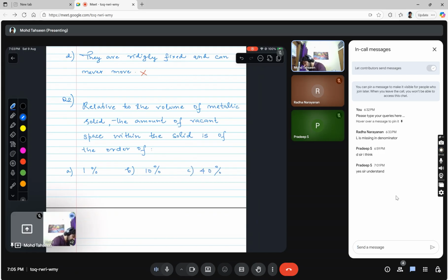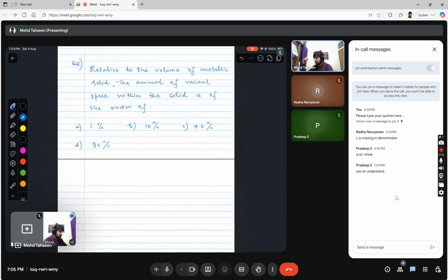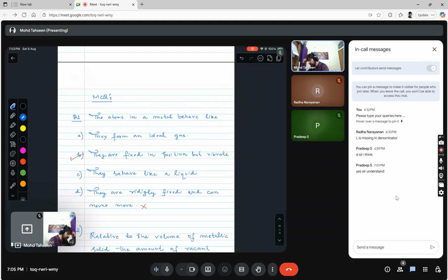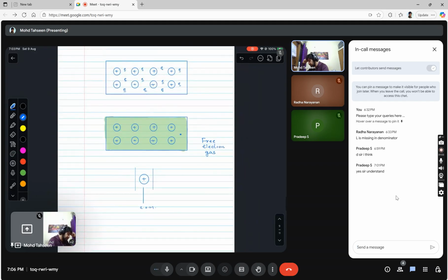So these are the options: 1%, 10%, 40%, or 90%. The question is relative to the volume of the metallic solid. Volume of metallic solid means this entire volume, all of the space here, whatever is inside the boundary. Now the question is asking, relative to this volume, what is the amount of vacant space?